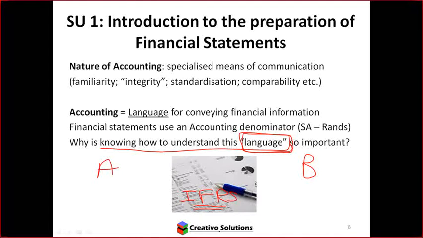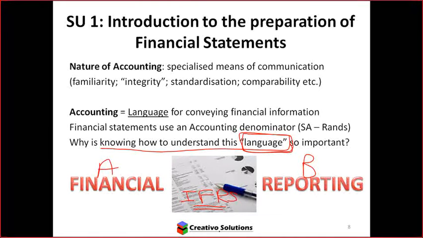Their statements should be the same in terms of the way that they were prepared. Obviously, reporting is key. So A and B both have to create statements in line with the rules, in line with that language. They can't be speaking a different language. If they are, no one's going to understand what the information is trying to communicate. And that's why we've got those basic principles.